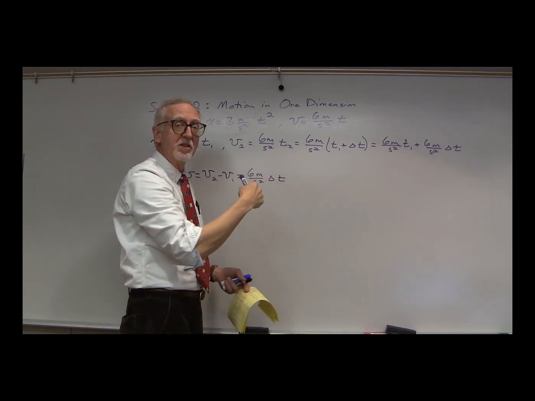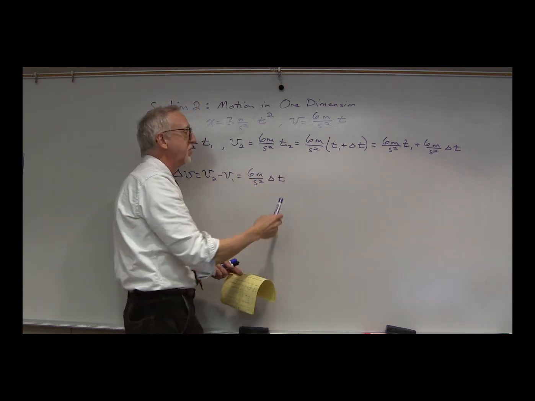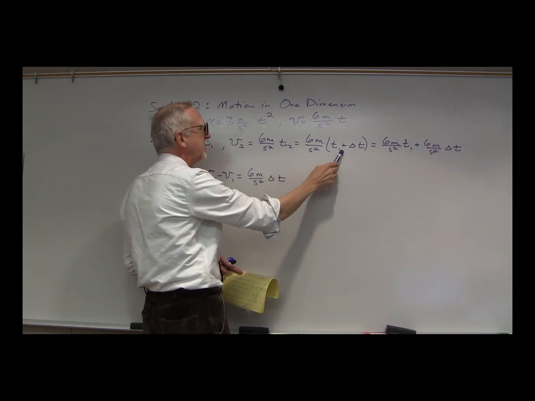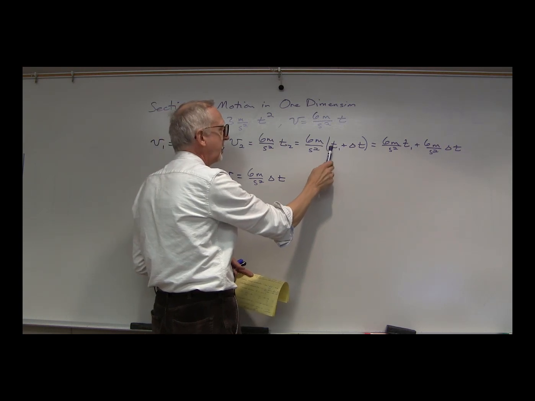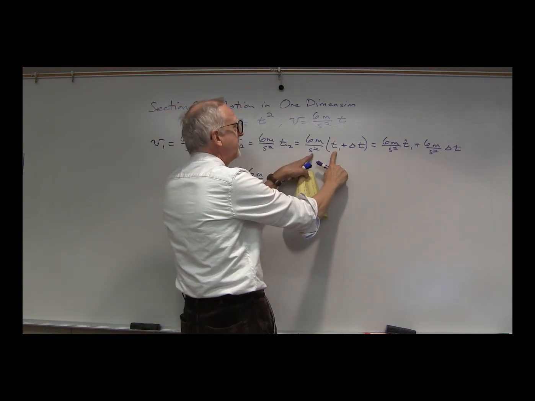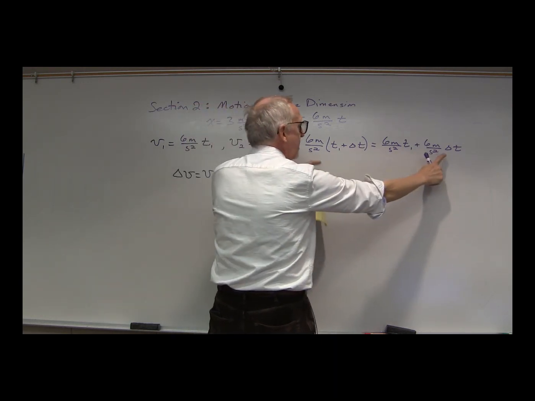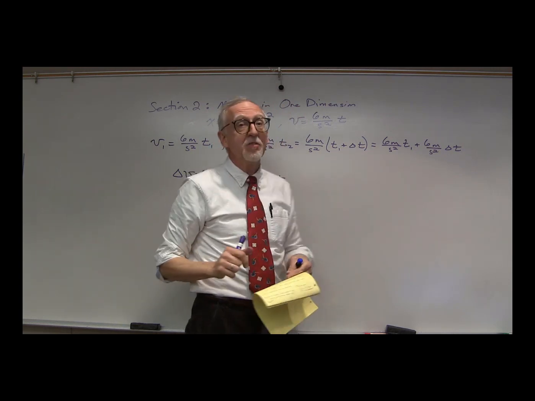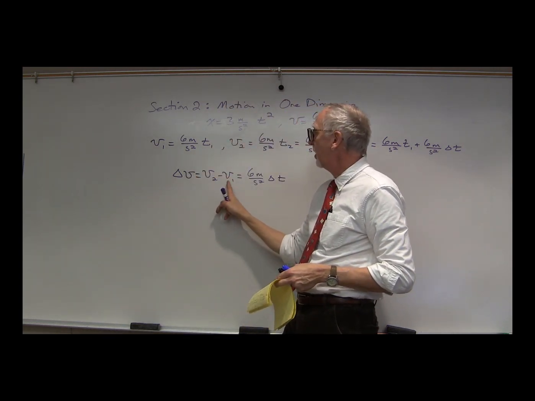And t2 we'll define as our initial time plus the time interval delta t. So with t2 equal to t1 plus delta t, we've got v2 is 6 meters per second squared times t1 plus delta t. Multiplying this out, we have 6 meters per second squared t1 plus 6 meters per second squared delta t.